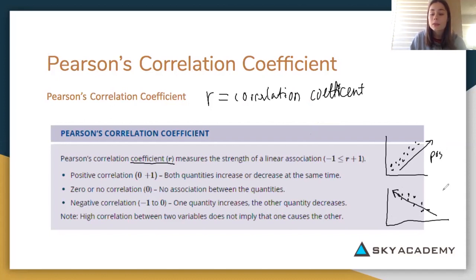So if you have a scatter plot and they ask if R is positive or negative, you can tell just by looking at it.